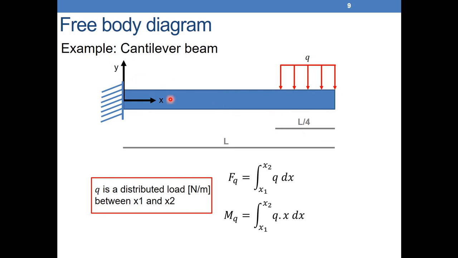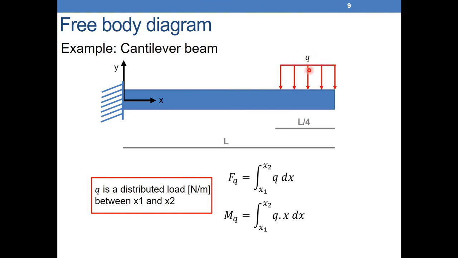We have a beam embedded here in a wall. The beam embedded in the wall, let's say I have a distributed load Q, distributed over a length equal to L over 4, with L being the total length of the beam. So we have an embedded beam on the left, and on L over 4 of the beam we have a distributed load Q. In this example, we also revise what's meant by a distributed load.